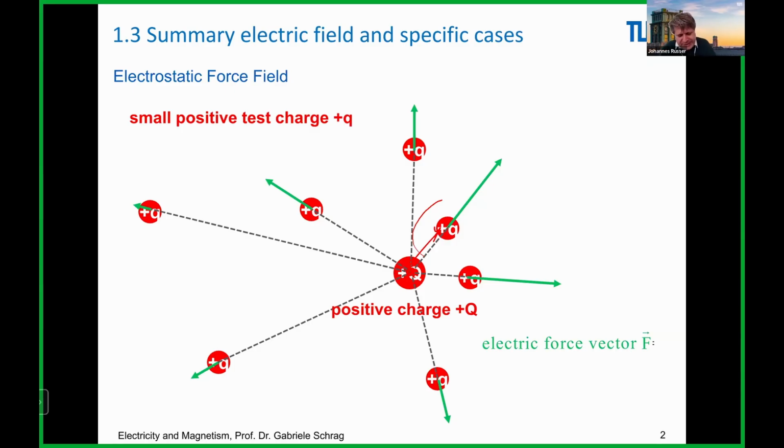You have a force field here, and drawing this vector is a type of visualization of that force field. The base of the vector is located at that position where it actually is.